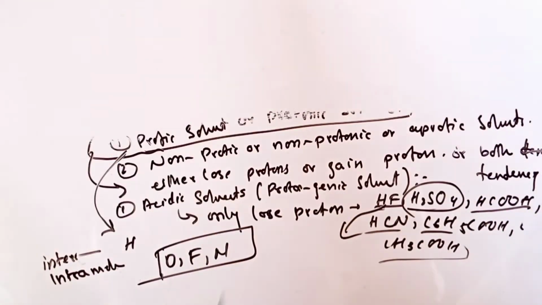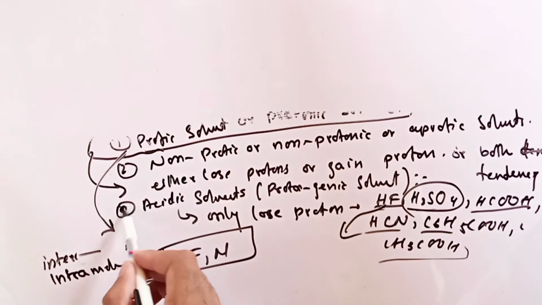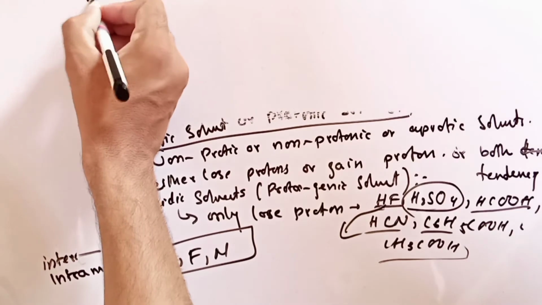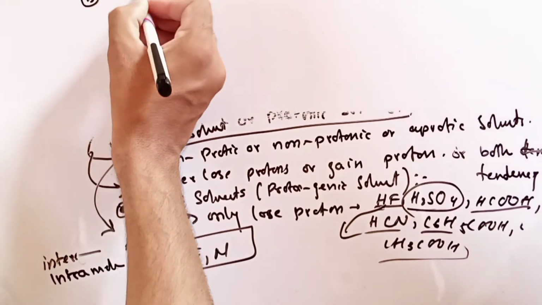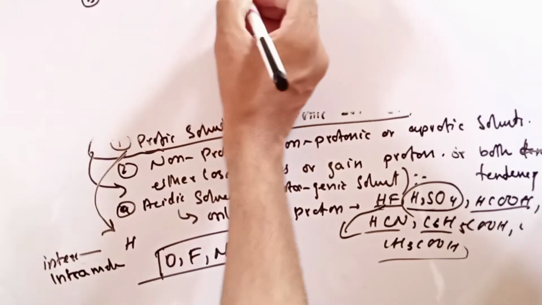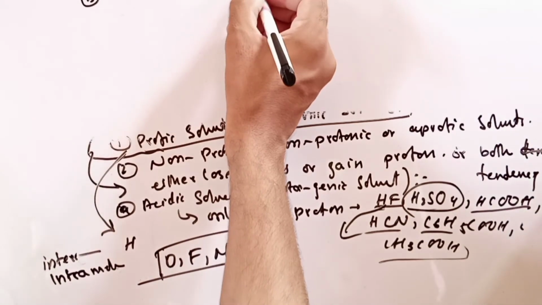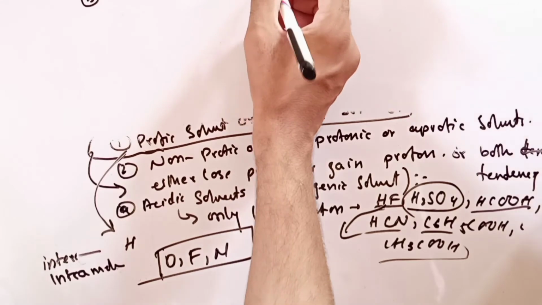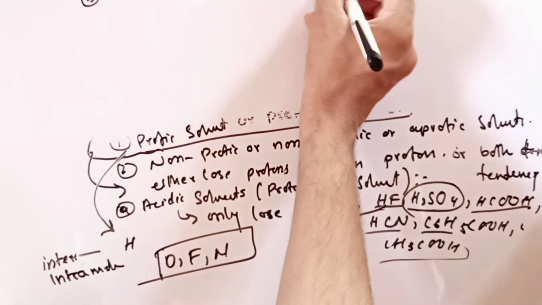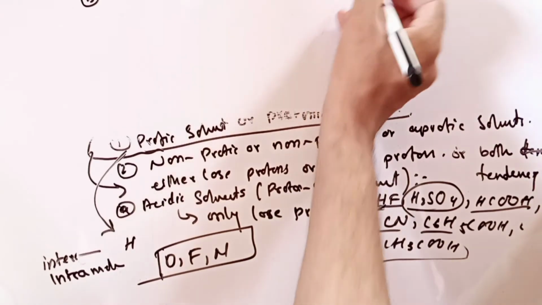Okay, this was one type of protic solvents. Another type is basic solvents, or basic protic solvents, also called protophilic solvents.